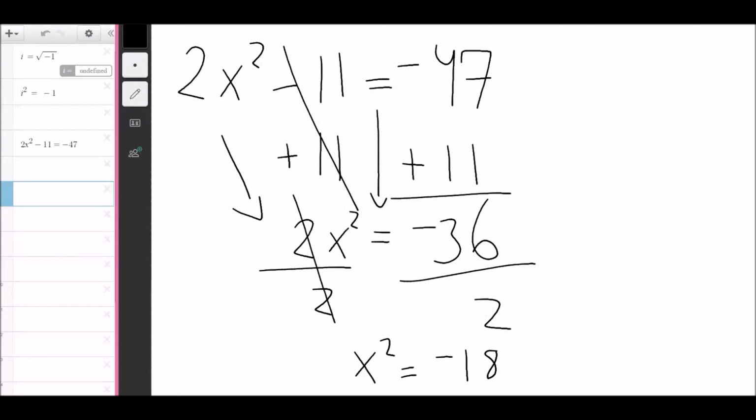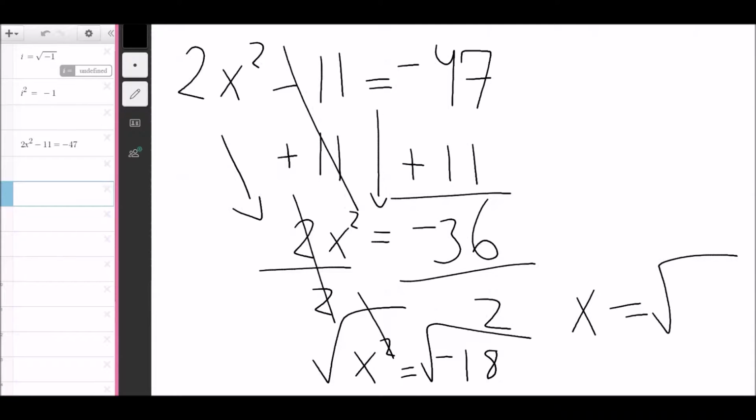And to find x, you're going to put a square root over it, which will cross out the square, and you're going to put a square root on this side. So x equals the square root of -18.